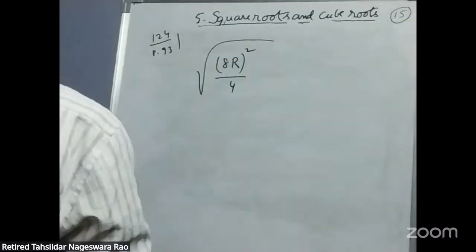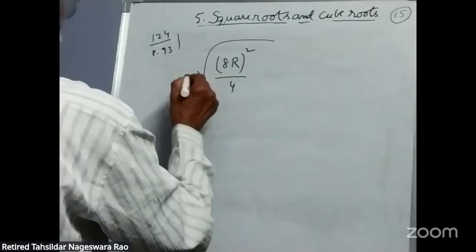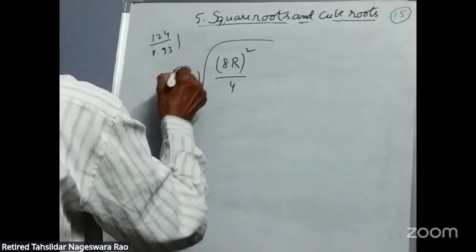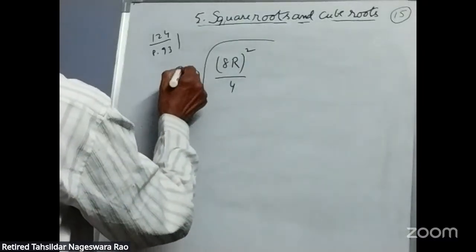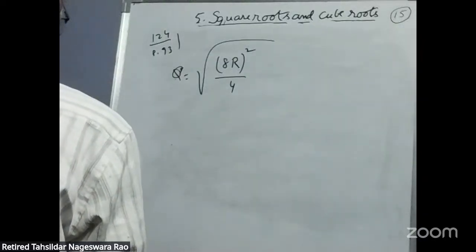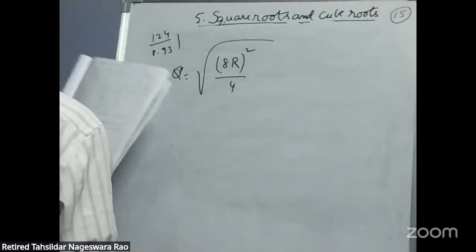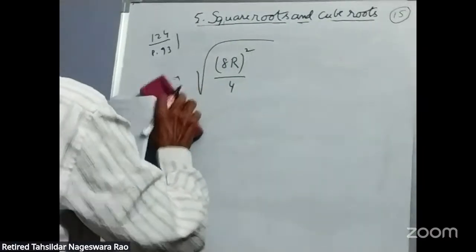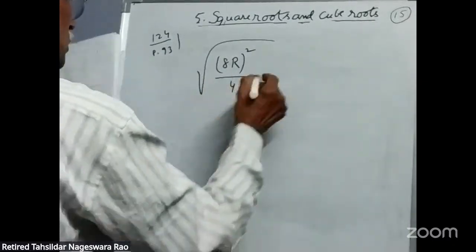The result of the square root is q. What is the value of q?